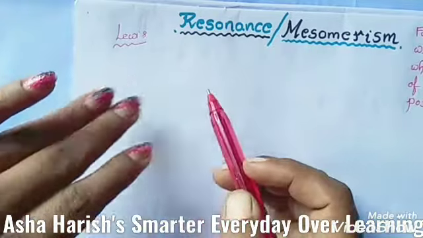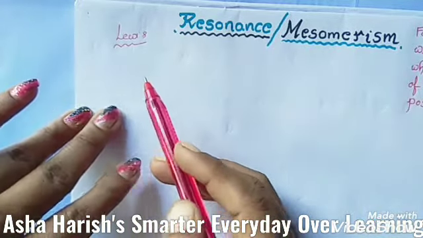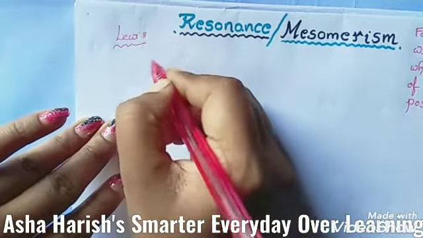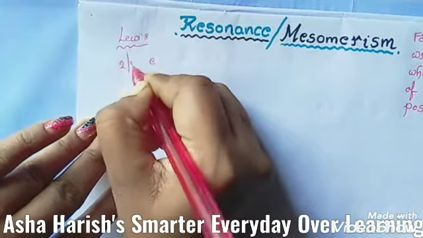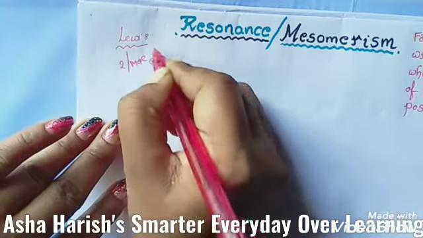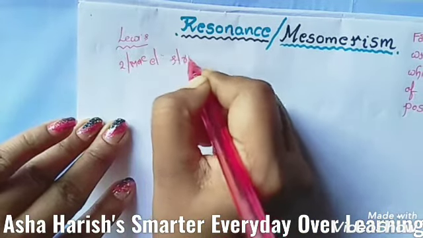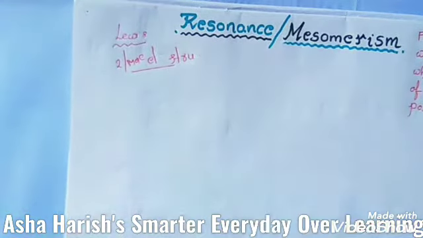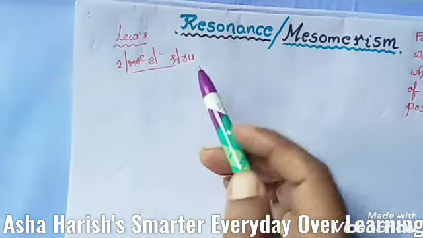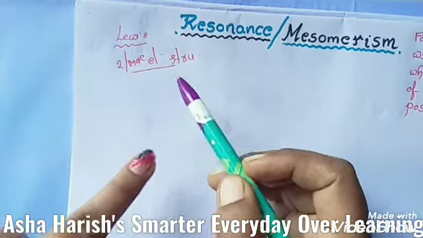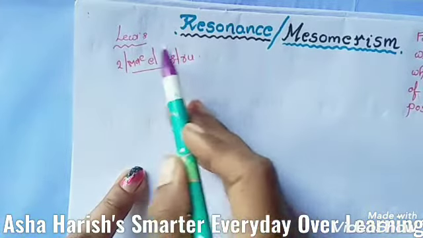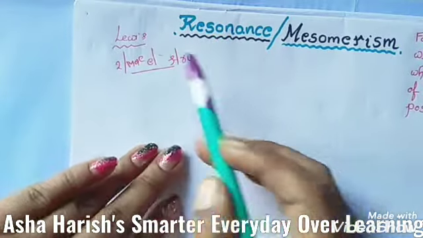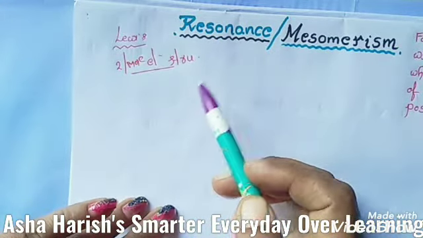In such a case it has been found that the molecule can be represented by 2 or more electronic structures, each one of which can explain most of the properties, but none of them can explain all of the properties of the molecule.